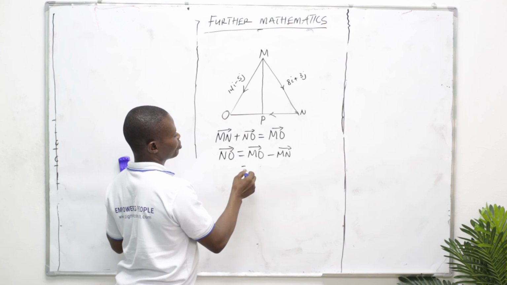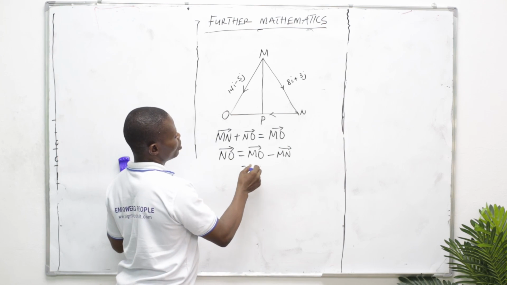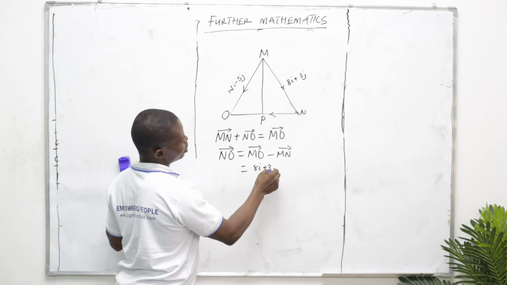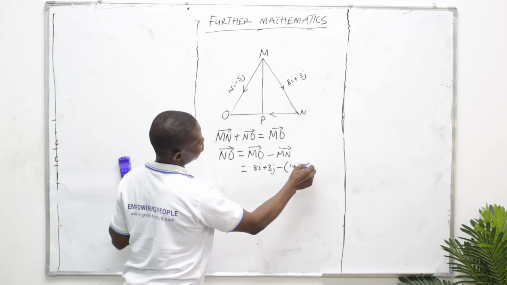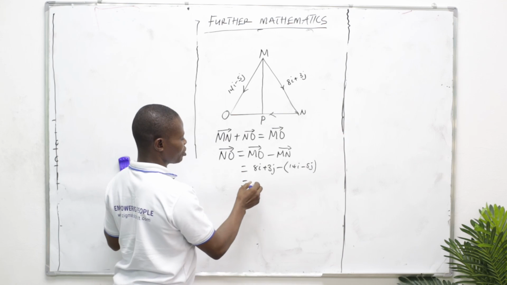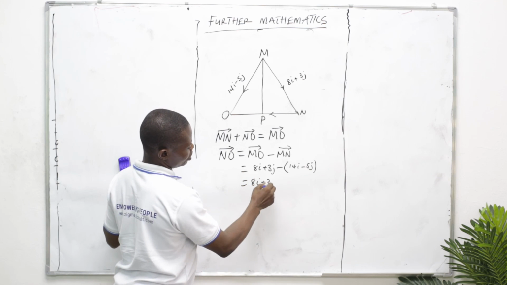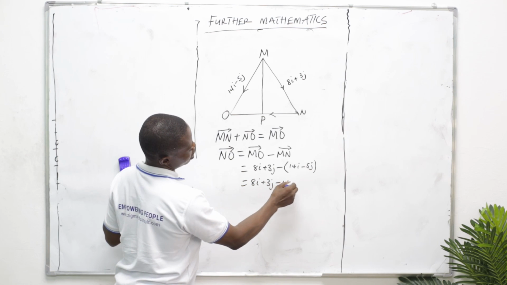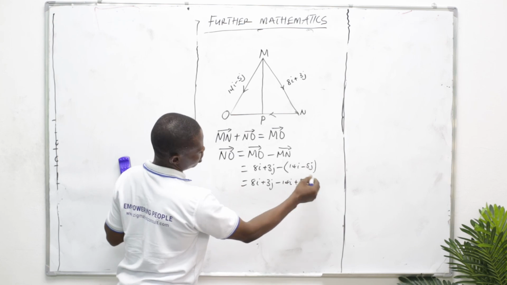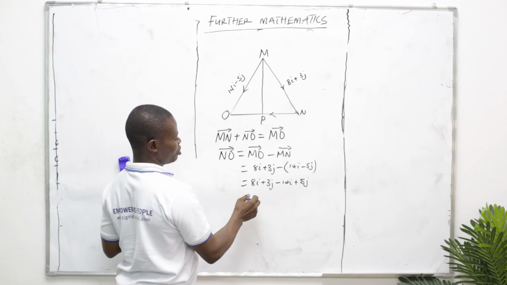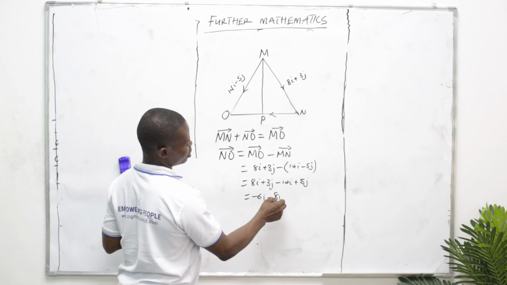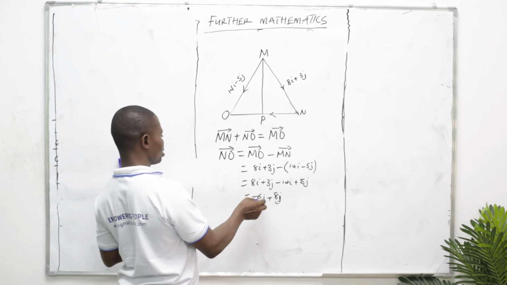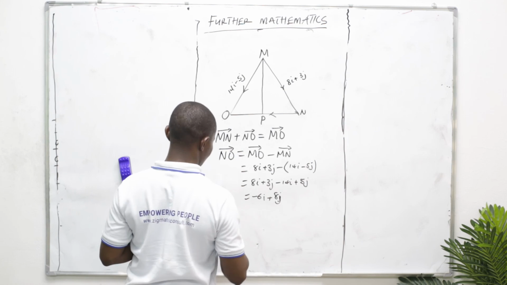That is 14i minus 5j minus bracket 8i plus 3j. This will give us 14i minus 5j minus 8i minus 3j, to give us 6i minus 8j. This is our vector NO.